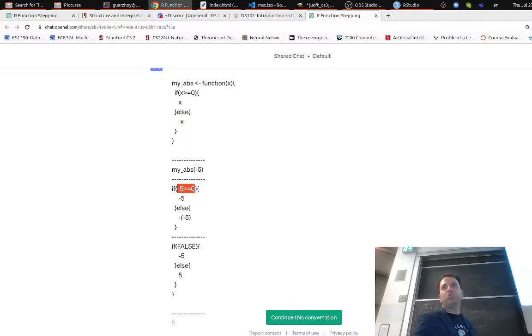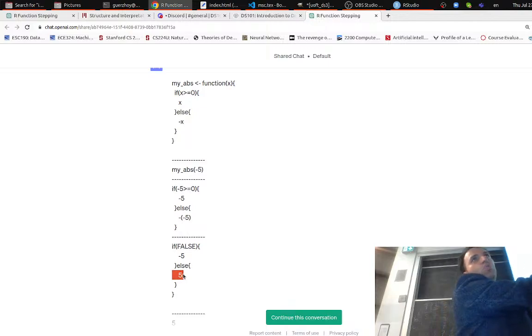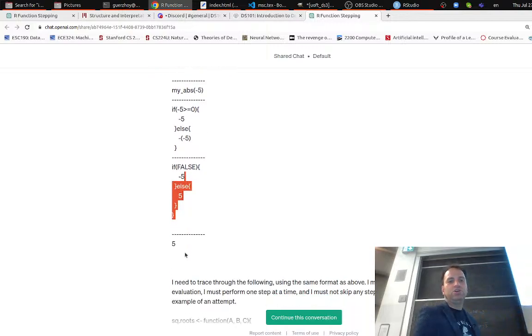Is minus 5 greater or equal than 0? No, it's not. So that means that this is just false. So this is if false minus 5, else 5. The value of this is 5 because you pick the option which corresponds to whatever is true, or if nothing else works, you go to the else clause. So the value of this formula is 5. So that's what we have.